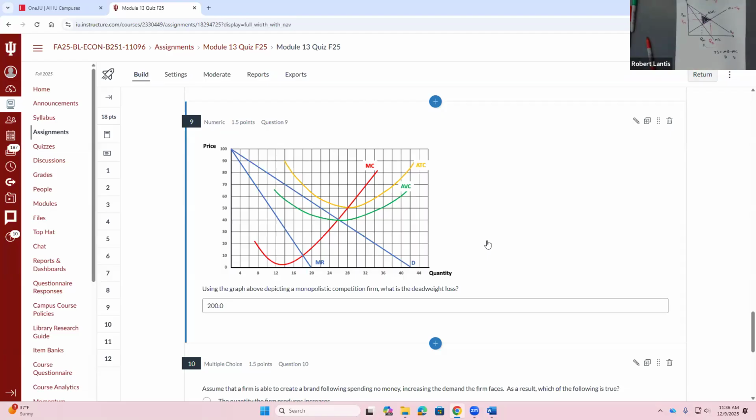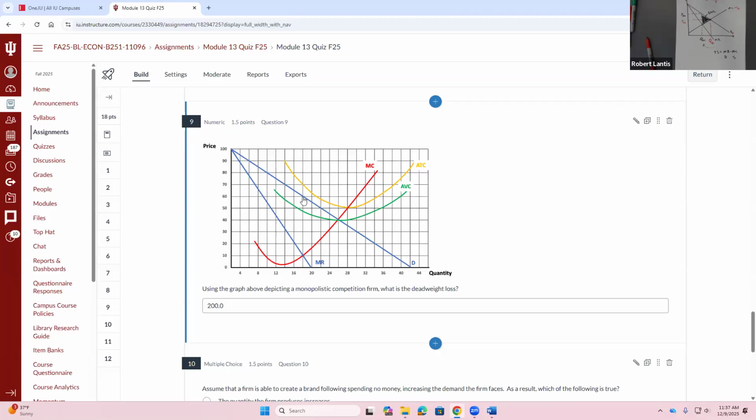So here is where the perfectly competitive firm would choose if they faced that downward sloping demand curve. My deadweight loss just becomes the area in between demand and marginal cost for all of these units. The height will still be, what was the difference between marginal cost and price? That was my markup. So the height of my deadweight loss triangle will still be my markup.